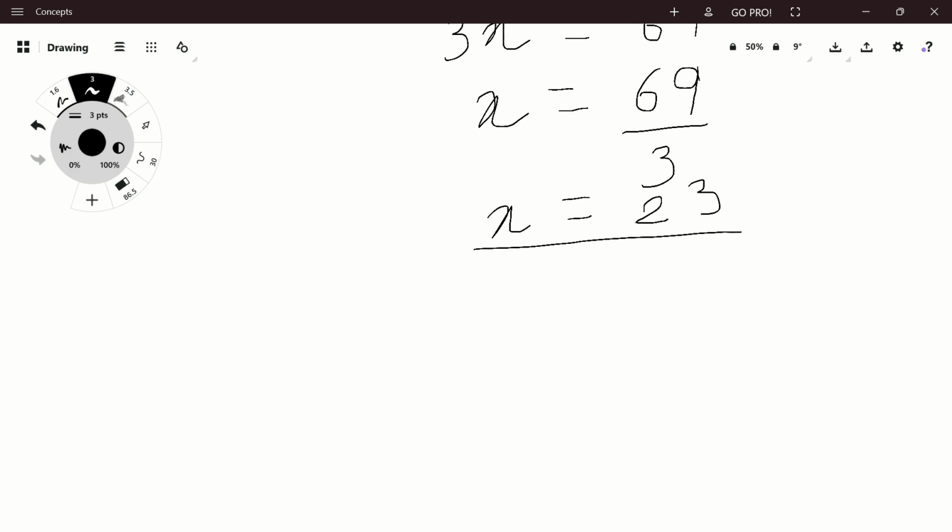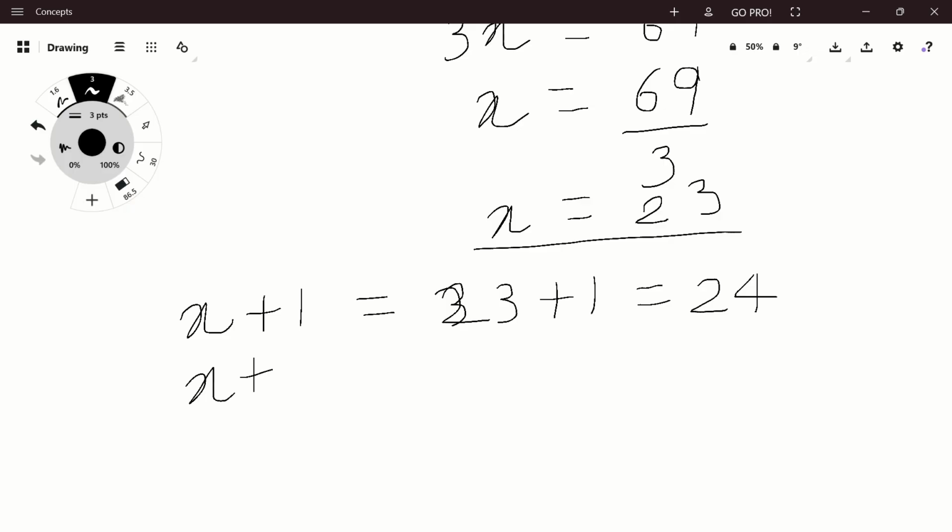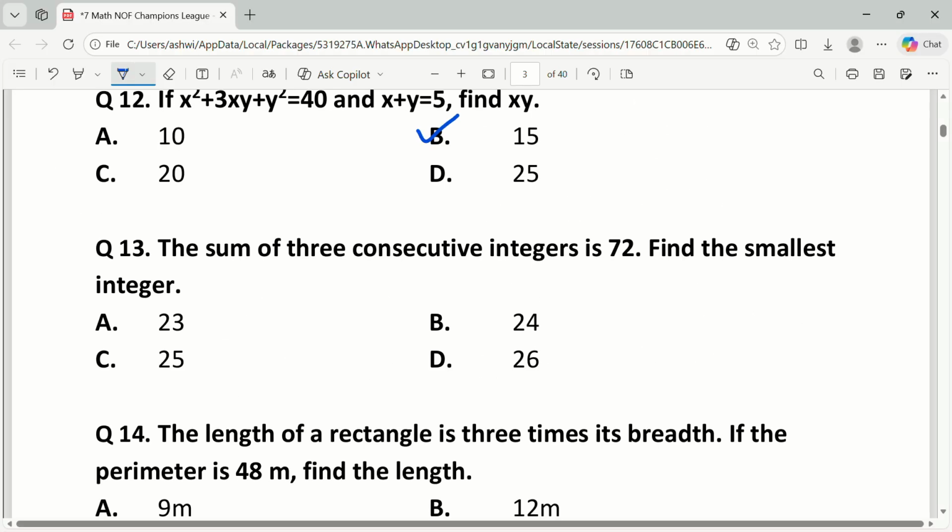As the value of x is 23, the value of x plus 1 will be 23 plus 1, which is equal to 24. And similarly, x plus 2 will be 23 plus 2, which is 25. Hence, the smallest integer is 23.